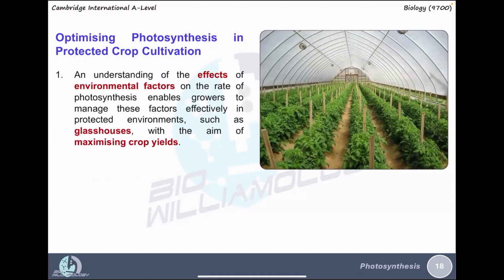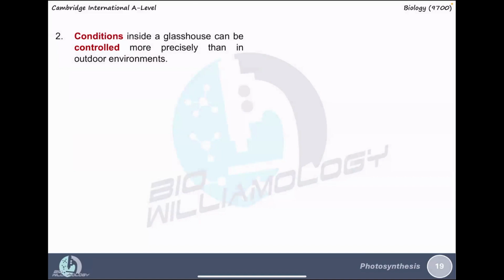An understanding of the effect of environmental factors on the rate of photosynthesis enables farmers to manage these factors more effectively in a protected environment, such as by using glass houses with the aim of maximizing crop yields. The conditions inside a glass house can be controlled more precisely compared to outdoor environments.